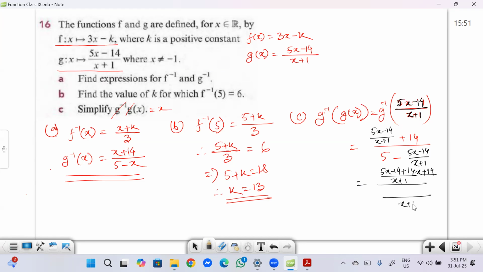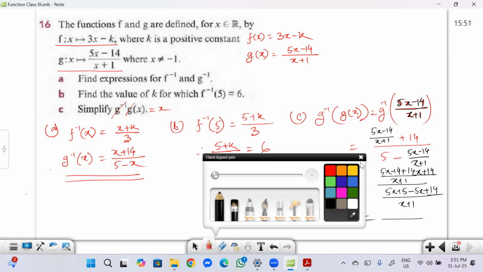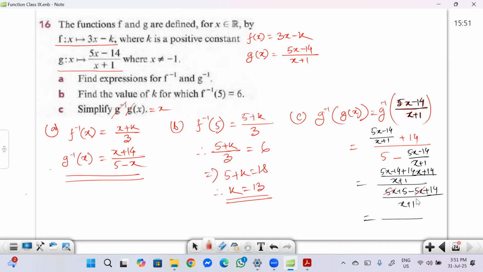And again here, x plus 1, 5x plus 5 minus 5x minus... Then if you reciprocate the term at the denominator, so the thing that you will get is, here you can see, if we simplify, 5x and 5x will be gone, so only 19 will remain at the denominator. x plus 1 will be gone with x plus 1, আর উপরে থাকবে হচ্ছে তোমার 19x plus 18, see?